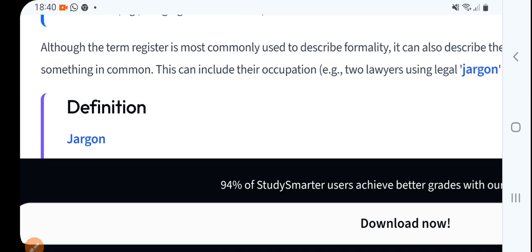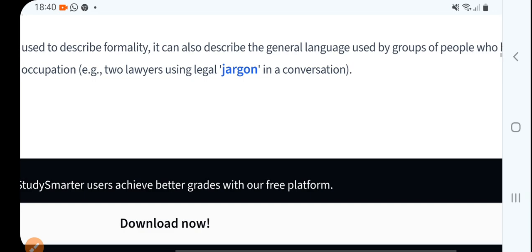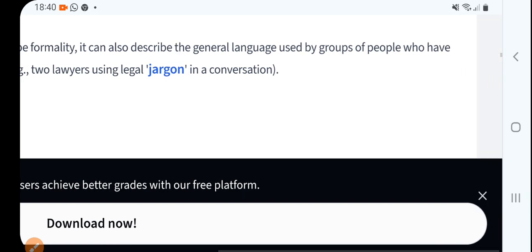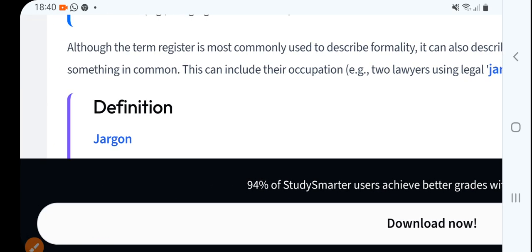That means register is formality, but at the same time it is the general language used by a group of people who have something in common. For example, North Indians share a culture and language that differs from South Indians. This way, there is a register of North India and a register of South India.